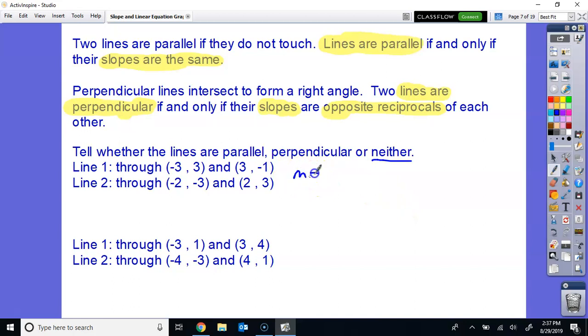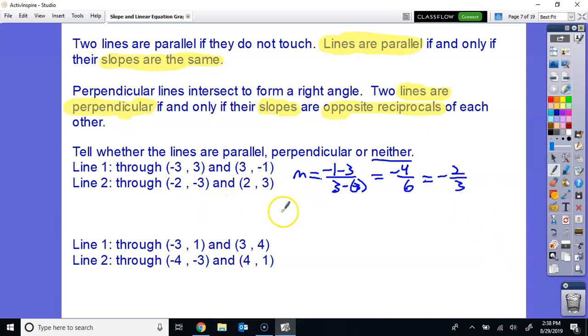So when we find the slope here, you do negative 1 minus 3 over 3 minus negative 3. Again, I am doing the y2 minus y1, x2 minus x1. It gives me negative 4 over 6, which reduces to negative 2/3.